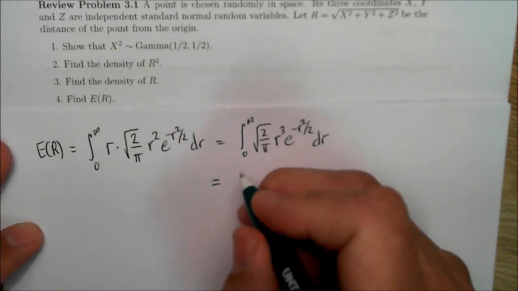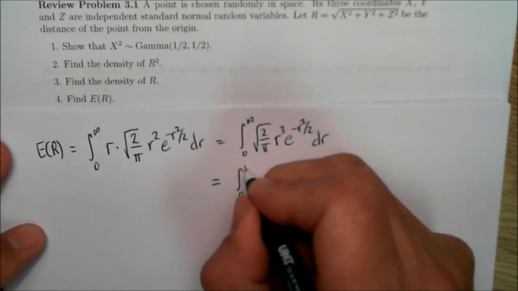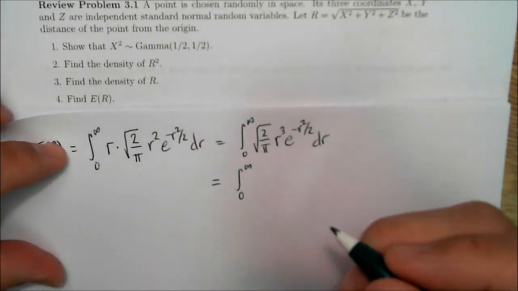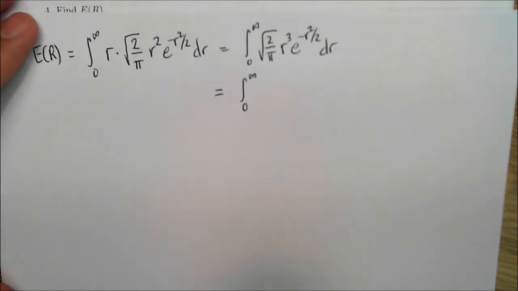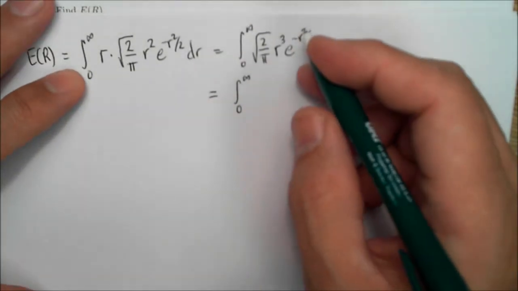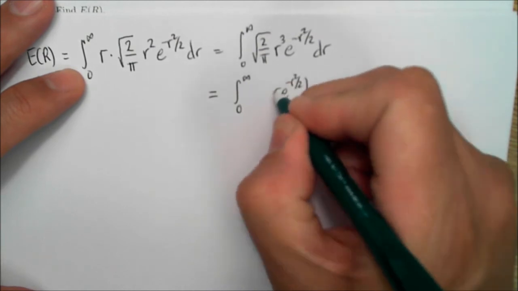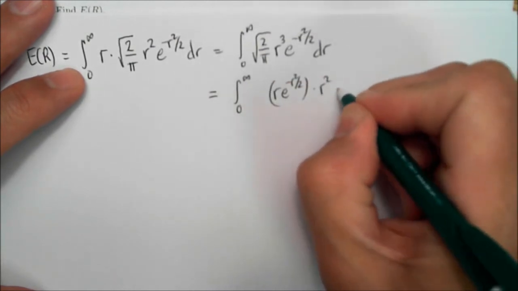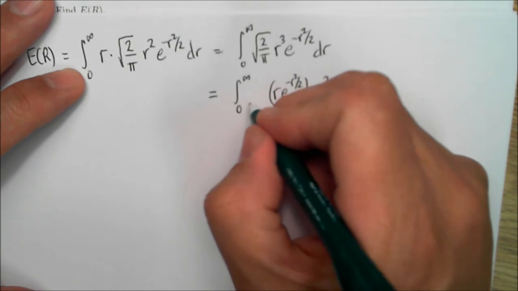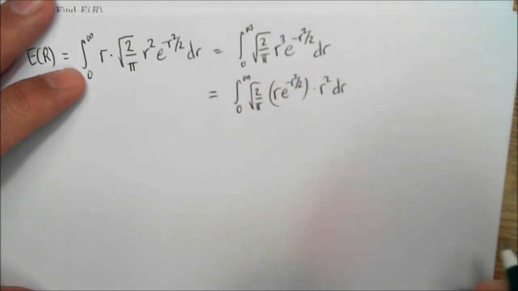This is equal to the integral from 0 to infinity of, let's see, so to break this up, let's write this as r e to the minus r squared over 2 times r squared dr, and I have square root of 2 over pi in front.